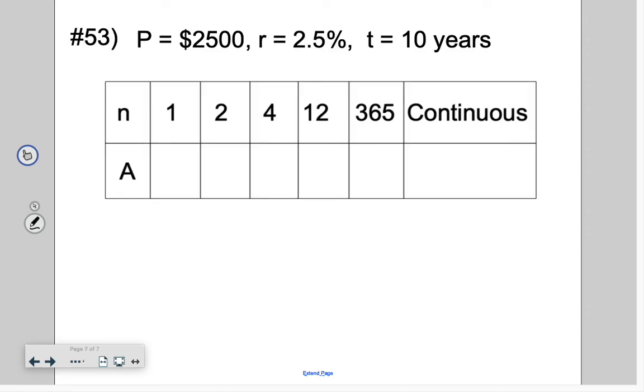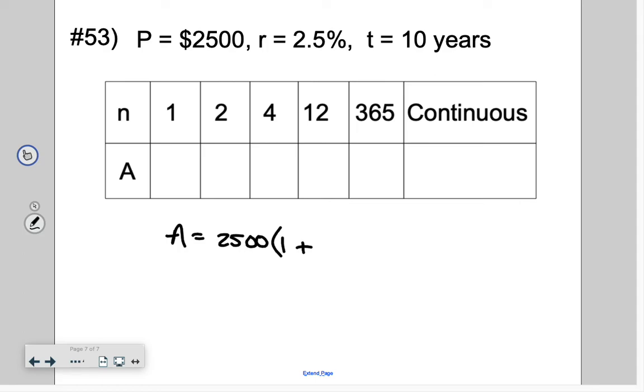So in this case, we're going to set this up, we've got A equals the principal they give you, $2,500 is what we're starting with. Then in parentheses, we've got 1 plus the interest rate divided by the number of times you compound per year.